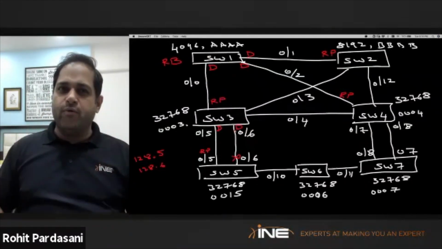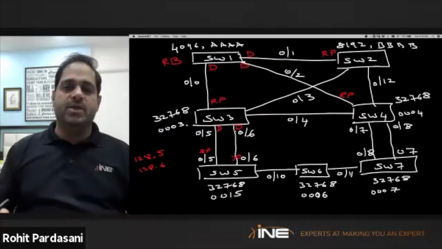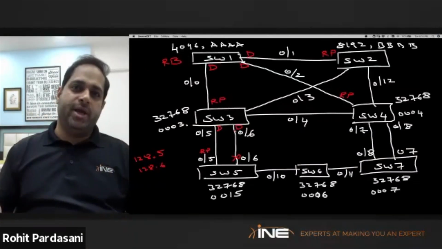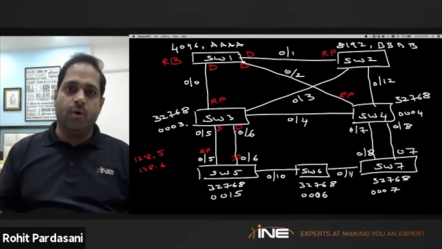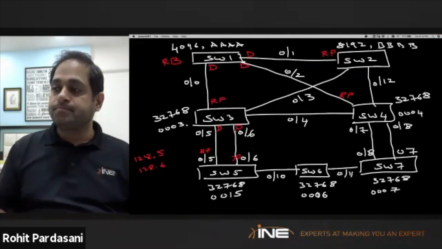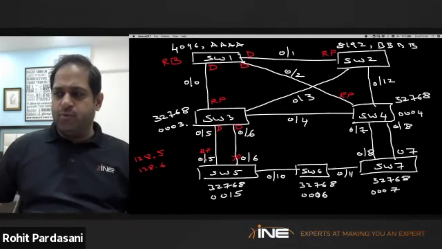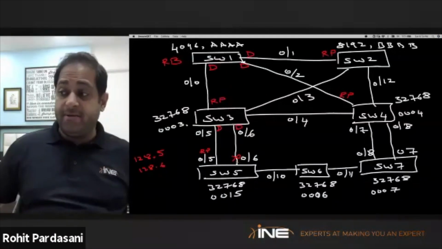A quick way to remember this is all your upstream switches will always be designated. For switch 5, the upstream switch is switch 3. So all the ports of the upstream switch will always be designated. Now the question comes is, okay, so this was selected based on port priority, correct?